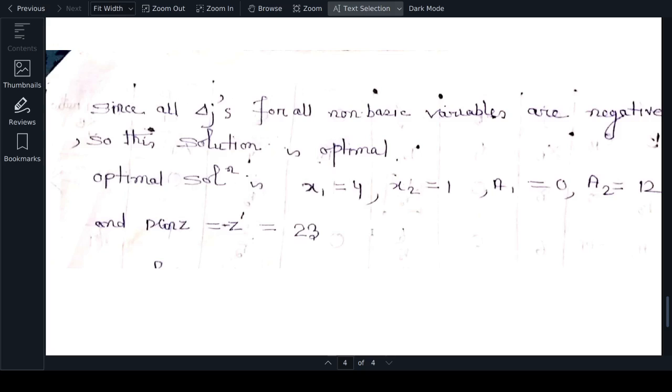Even if all delta J are negative, if some artificial variable is present in the basic variables, then Z dash equals, suppose, 23 into M or 23 plus M or minus M, so you say this does not give us an optimal solution. This is called the linear programming problem solved by the BigM method. Clear?